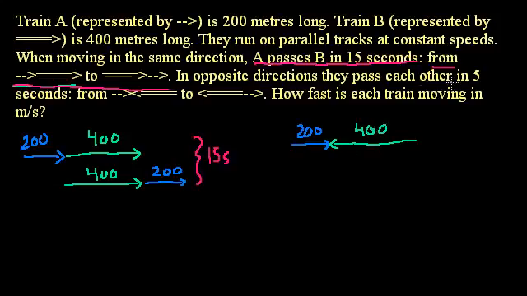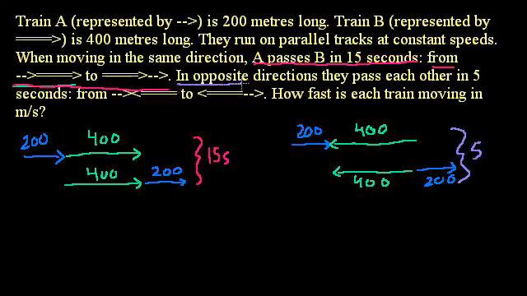And then in 5 seconds, they get from this configuration to that configuration right there. 200, and of course, this right here is 400. And this right here takes 5 seconds.